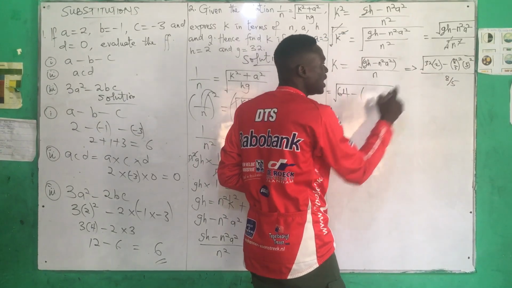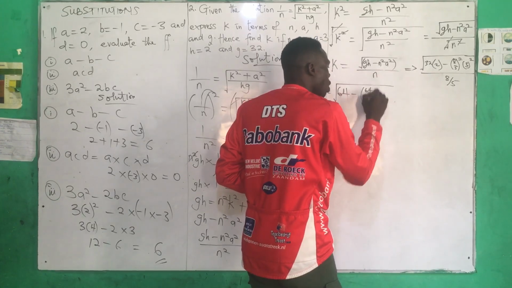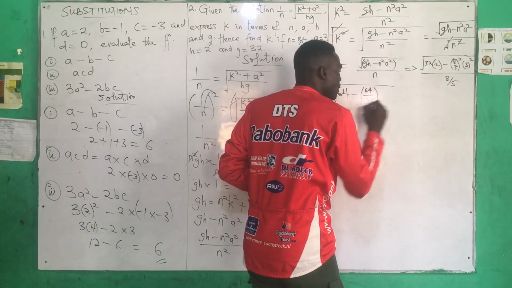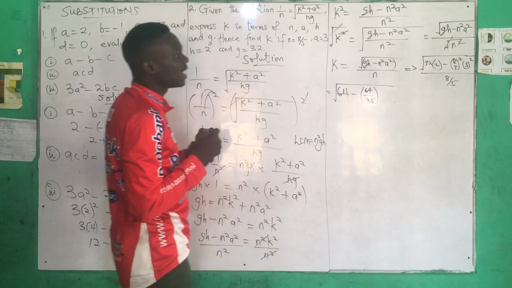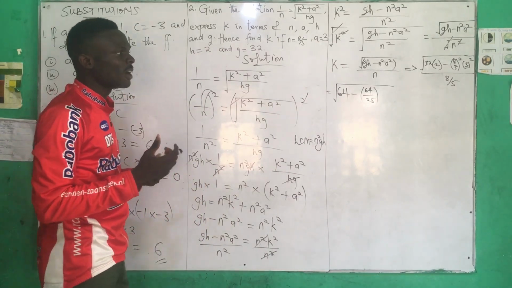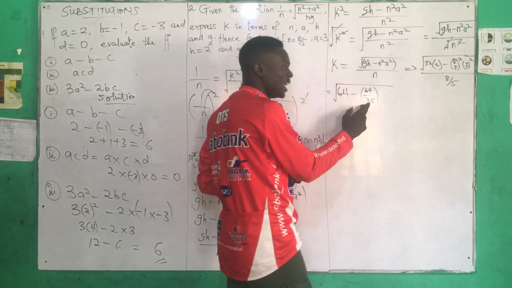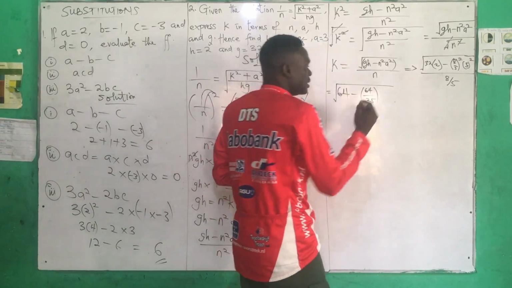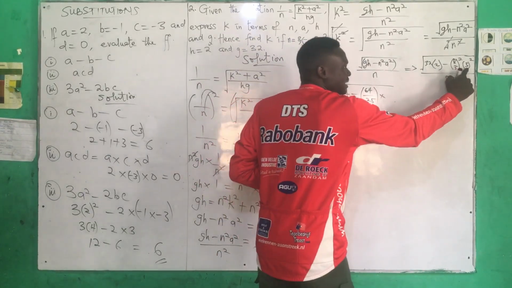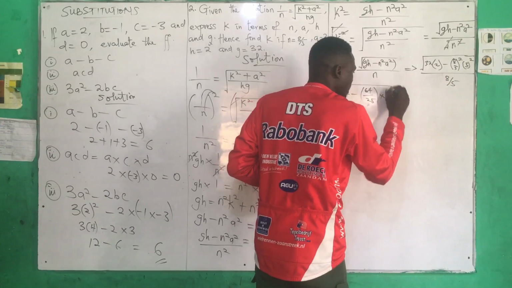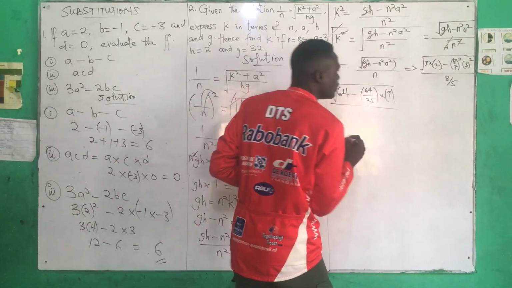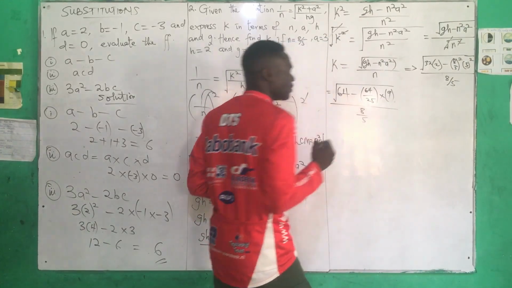So we are going to say 64 over 25. Why 64 over 25? Because 8 squared is 64 and 5 squared is 25. Now times 3 squared, which is 9, all over 8 over 5.